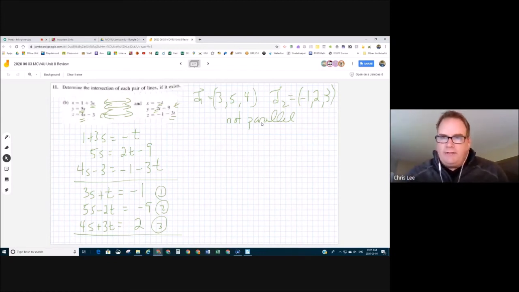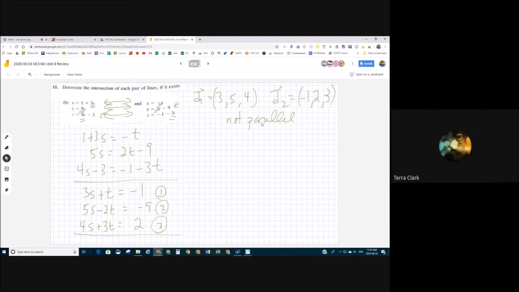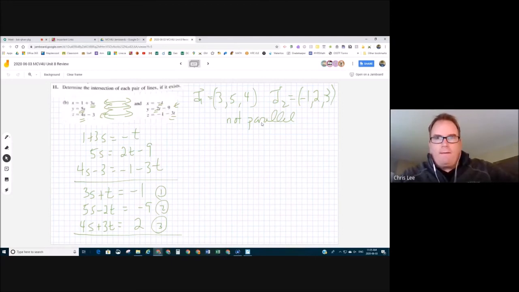Did we remember this stuff from grade 10, or did you have to shake your brain a bit to remember this? Once you started doing it, it slowly came back. The key is that we have two unknowns, s and t, and all we need to solve two unknowns is two equations.